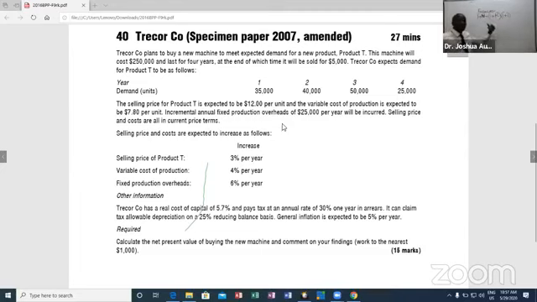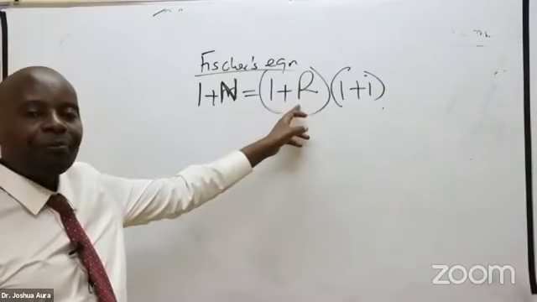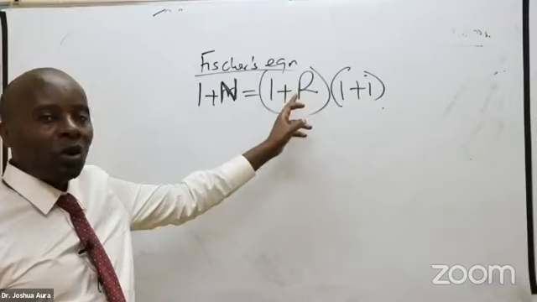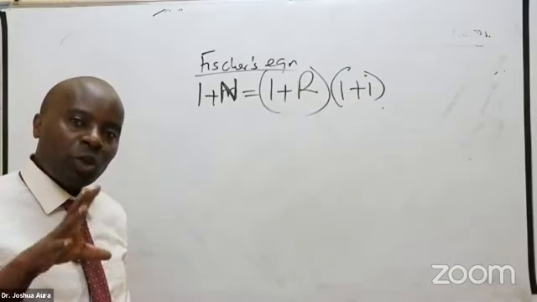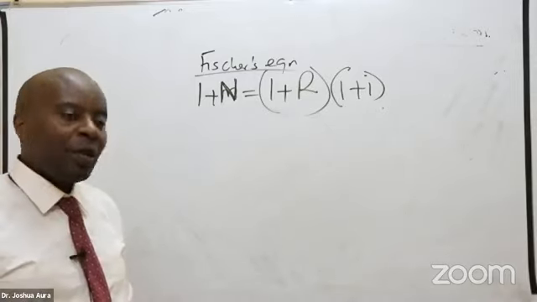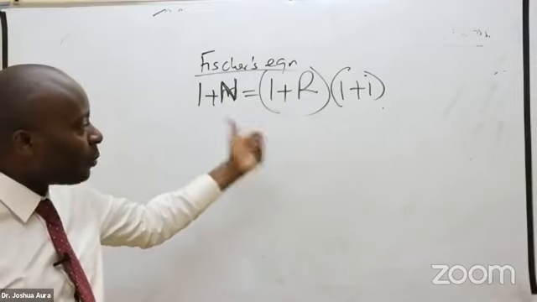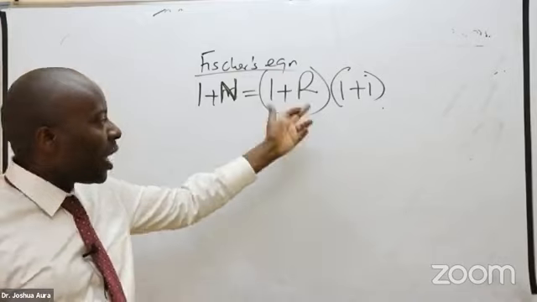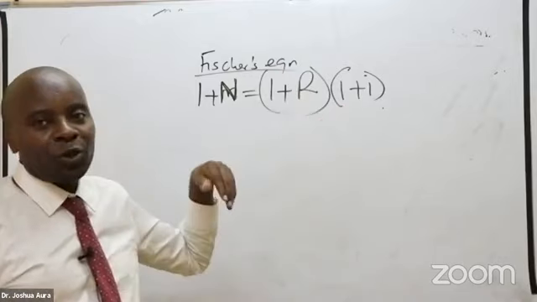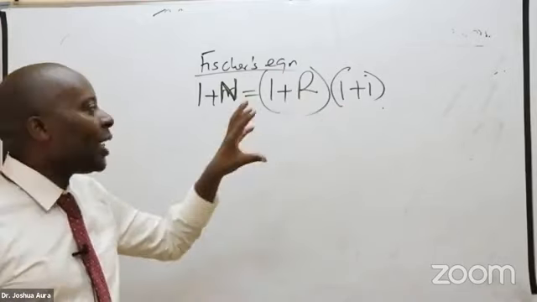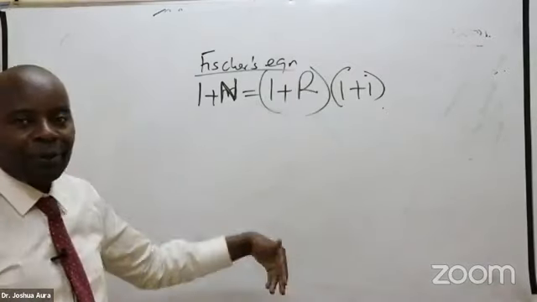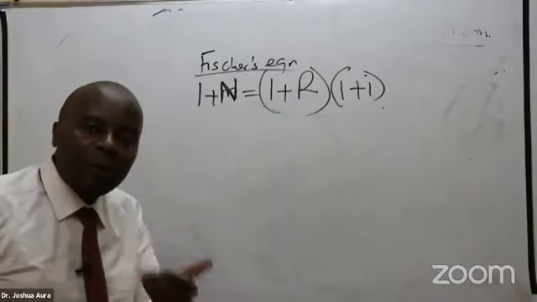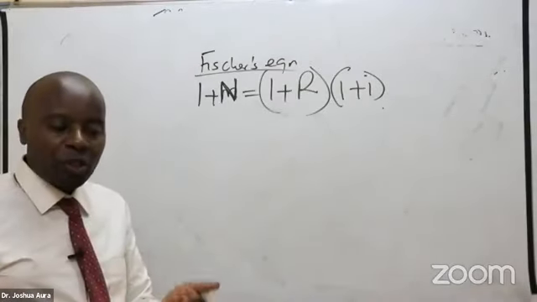Whenever you're given real cost of capital, ladies and gentlemen, we don't work with real cost of capital to discount our cash flows. Our examiner will have to give us the inflation rate so that I can convert the real cost of capital to what we call the nominal cost of capital, which is normally used for purposes of discounting.